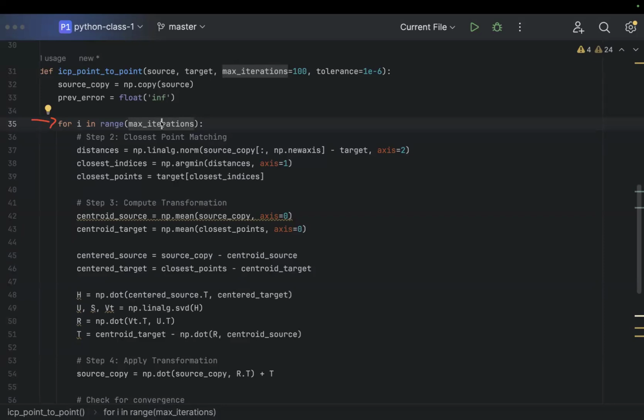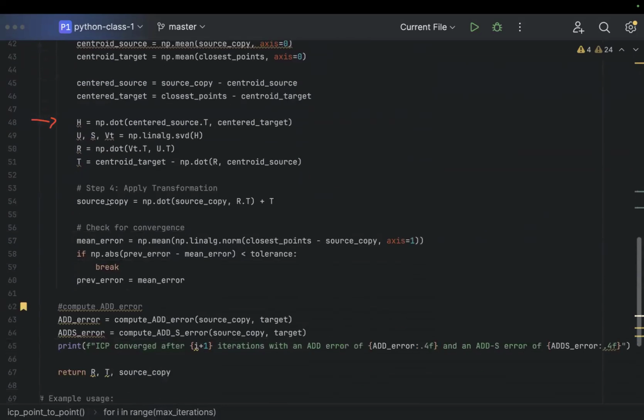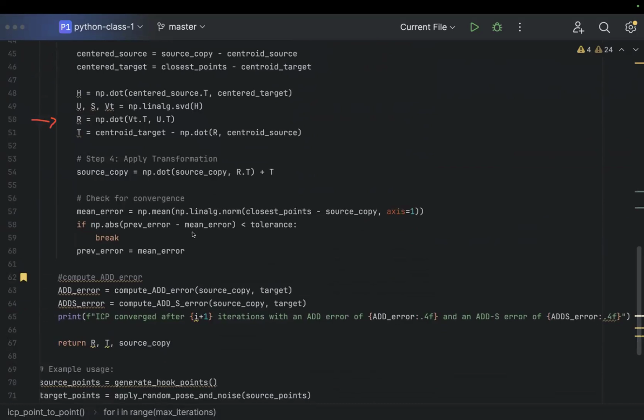I go through all this code, right? And then I check if the error, the previous error minus the current error, I assume that the previous error was actually bigger, is less than the tolerance, that is basically how much I want to improve by each step.